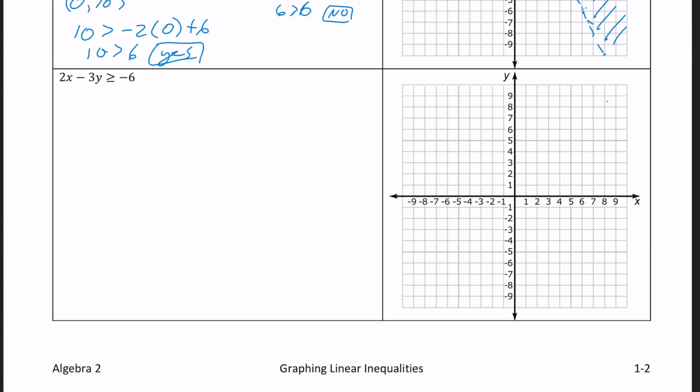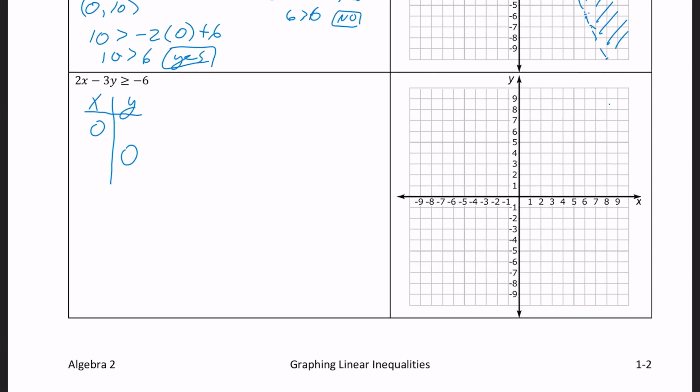From the last lesson that we did, this is a standard form equation. In inequality, we always start out as if we're graphing an equal sign. So let's build that little table for standard form equations. Let's use a 0 for x, and let's pretend that we're doing equality.